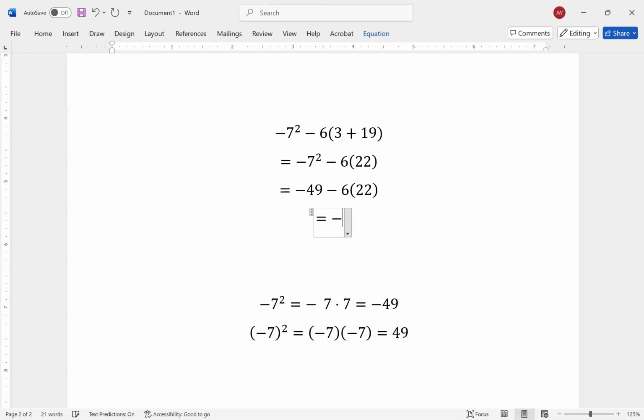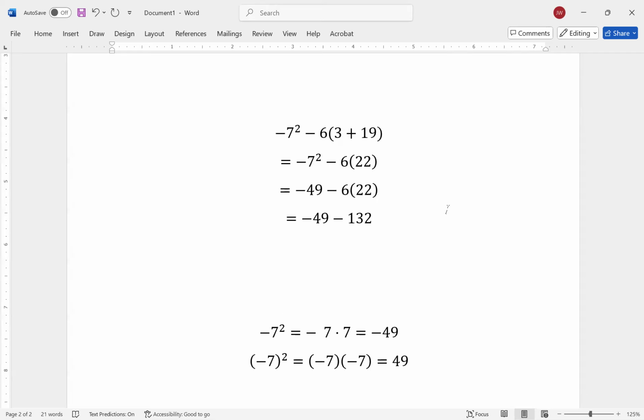At this stage, if I was doing this by hand, I'd take the 6 and multiply times 22. That's 132. So that's negative 49 minus 132, which gives me a final answer of negative 181. So that's how we would apply order of operations by hand.